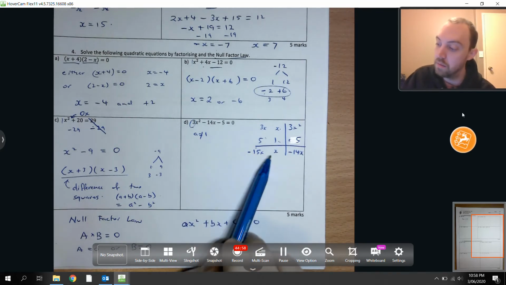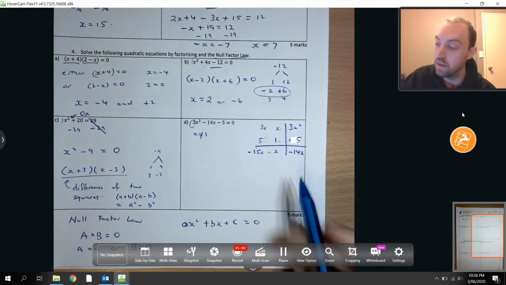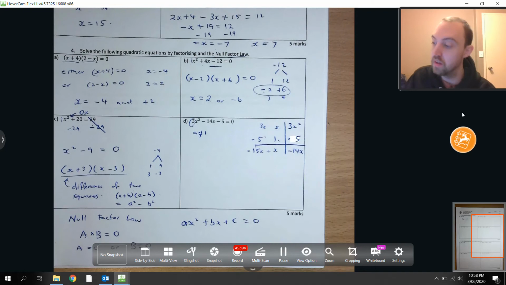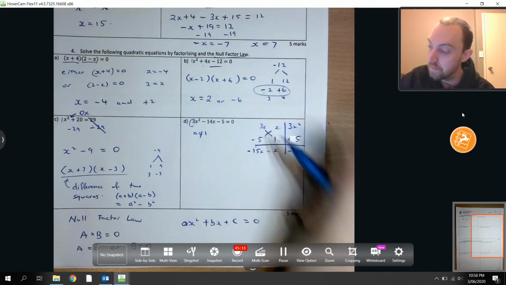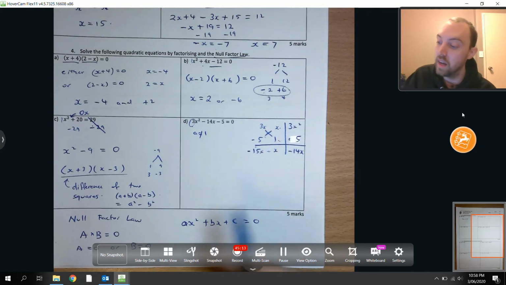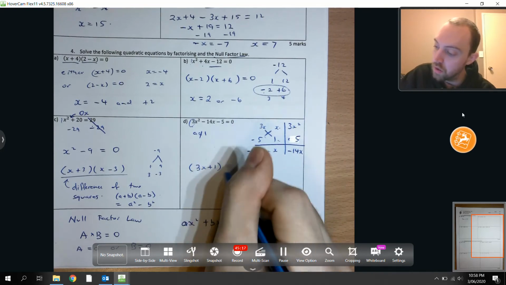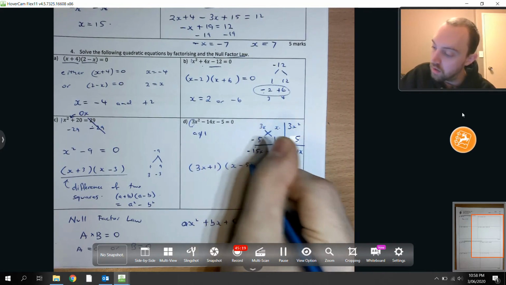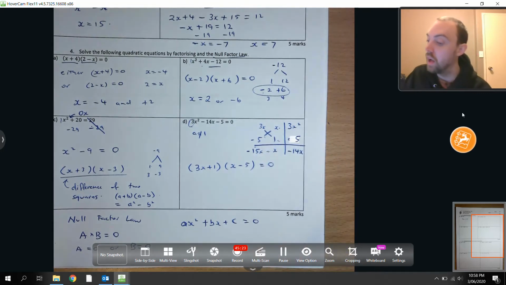Negative 15 plus x is equal to negative 14. One of these numbers has to be negative. It's easier on the negative 5 personally, I reckon. And then diagonally together. So 3x and positive 1 and x take 5. And this is still equal to 0.